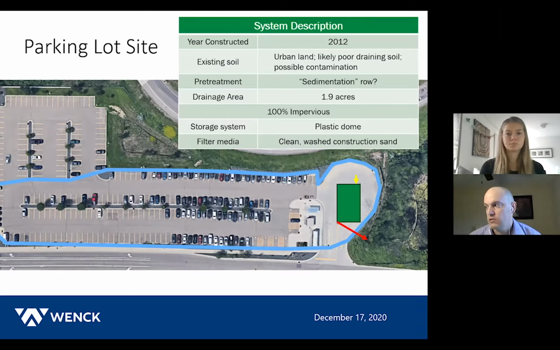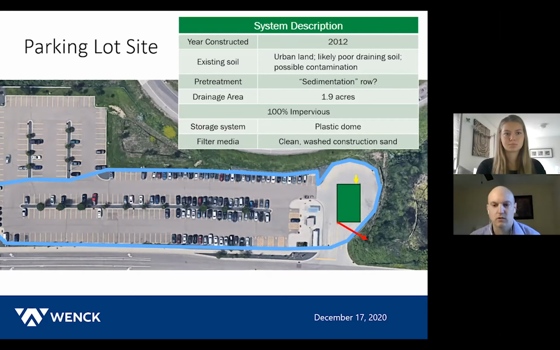The plans that we reviewed for this did not specifically indicate any level of pre-treatment for this site. I am familiar with the design here of the plastic dome, and I would expect that there would have been a sedimentation row to provide pre-treatment.